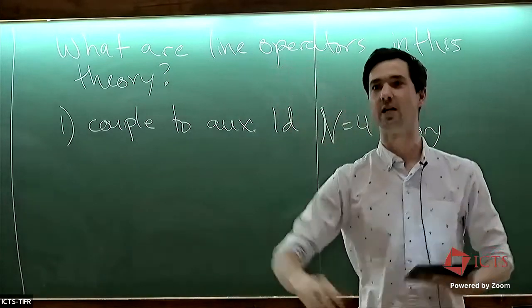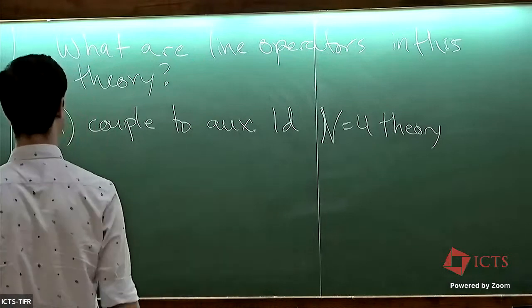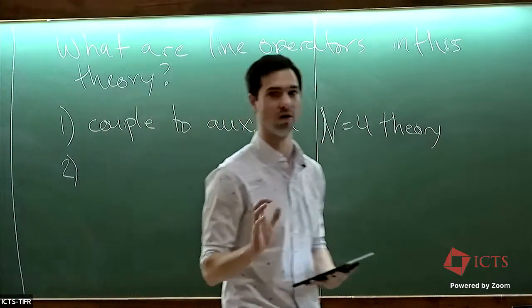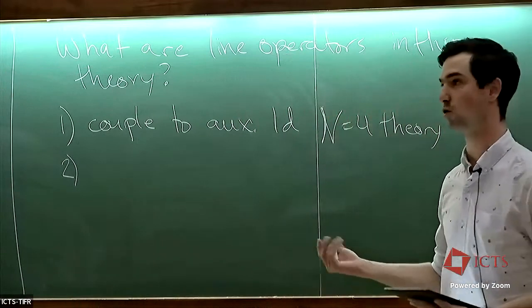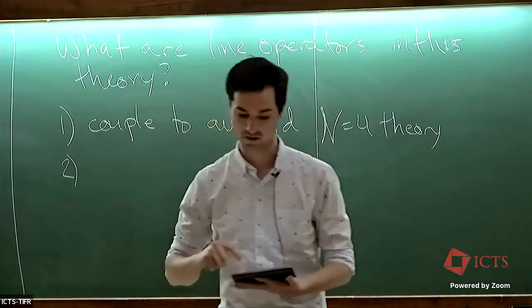And in principle, we could couple to anything. But if we want to have something compatible with our topological twist and with as much control as possible, we actually want to couple to a 1D N equals 4 quantum mechanics. It's in the same flavor as the ones that we've talked about before.